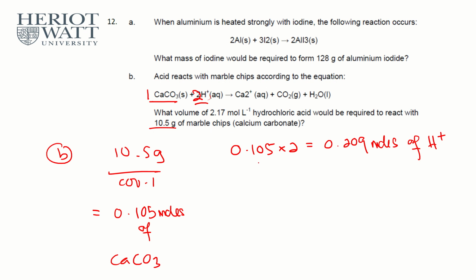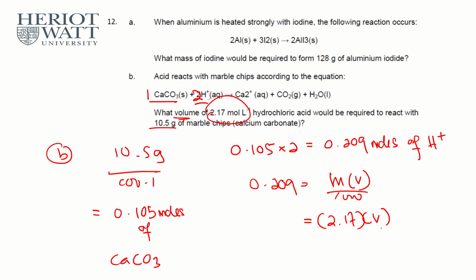Okay, so I need 0.209 moles of H, which is the acid needed, and I'm given the concentration. They are looking for volume, so very easy. 0.209 moles equals MV over 1000, and M is 2.17. Volume is what we want.